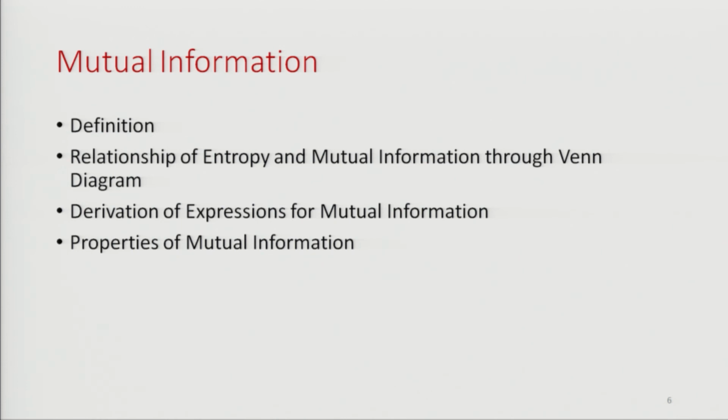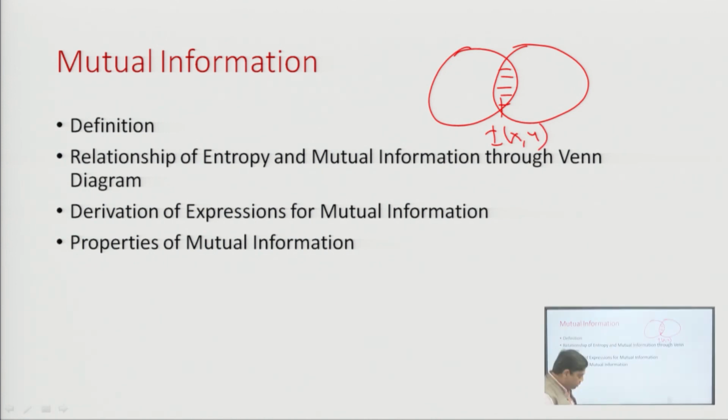is the mutual information. Now, come to the main part, that is the mutual information. Then as we have seen in the Venn diagram, this is the mutual information I(x;y). Then mutual information is the common part of the source x with source y.